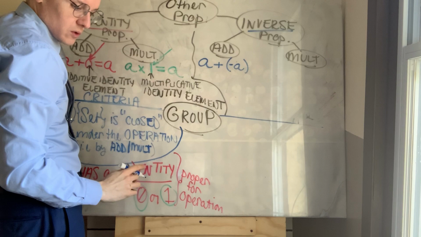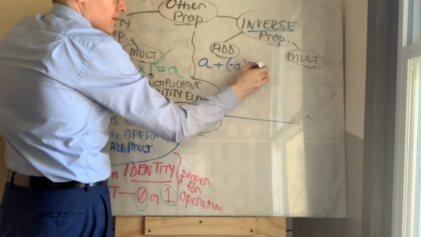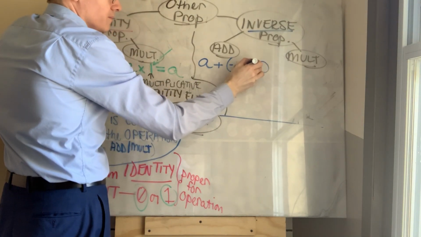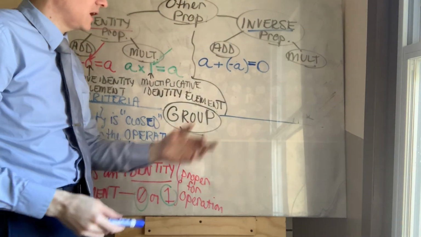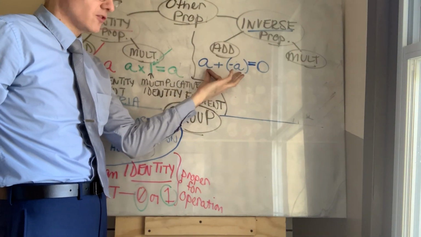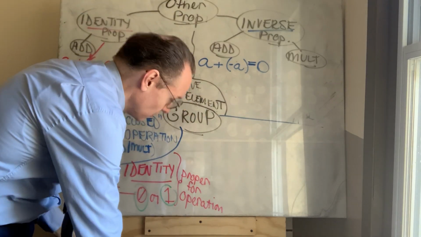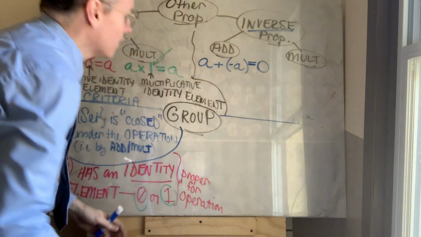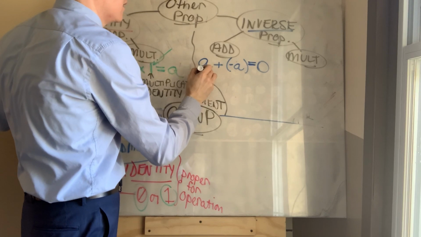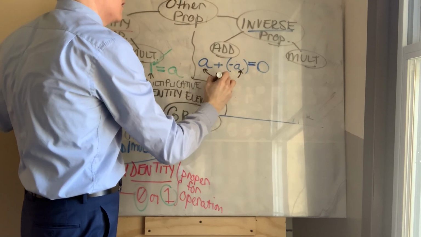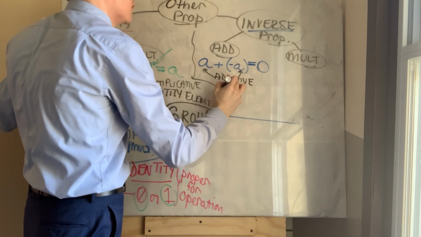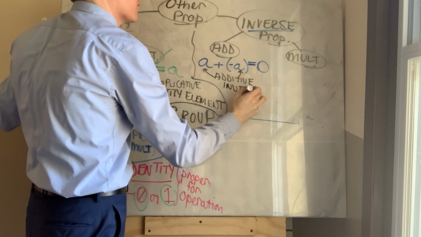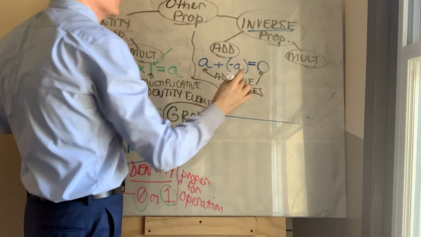What do they produce together? They produce 0 as an outcome. Additive inverses, which is what these are, produce 0.